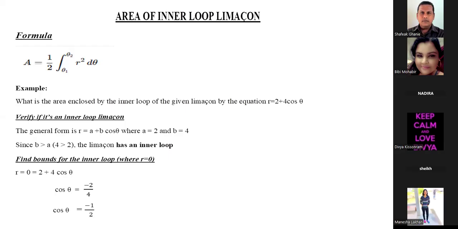So now we can go about and find the area. You find the bounds of the inner loop where r is equal to 0. So 0 equals 2 plus 4 cos theta. So cos theta is going to equal negative 2 over 4, which is negative 1 over 2.